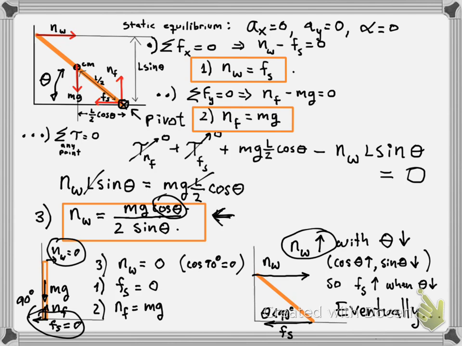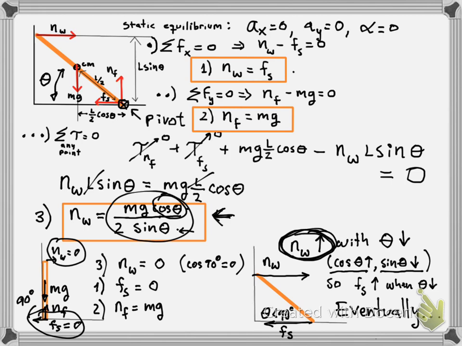At 90 degrees the cosine is 0, but as theta decreases the cosine is growing, so the numerator of this fraction is growing, and the denominator is decreasing because the sine of 90 is 1, and when you decrease the angle from 90 the sine starts to come down from 1. So the denominator of this fraction is decreasing, the numerator is increasing. What that tells you is that the normal with the wall is definitely growing as we decrease the angle.